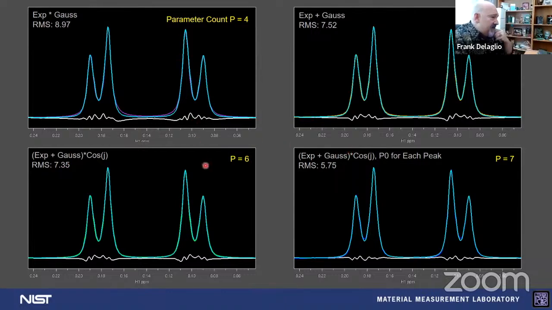So, for example, here are some different cases, including at the end here, models where the phase of each peak is allowed to vary individually, and each peak is modeled in terms of the sum of an exponential term and a Gaussian term, each with its own amplitude, and an unresolved cosine modulation, so an unresolved coupling built into the peaks.